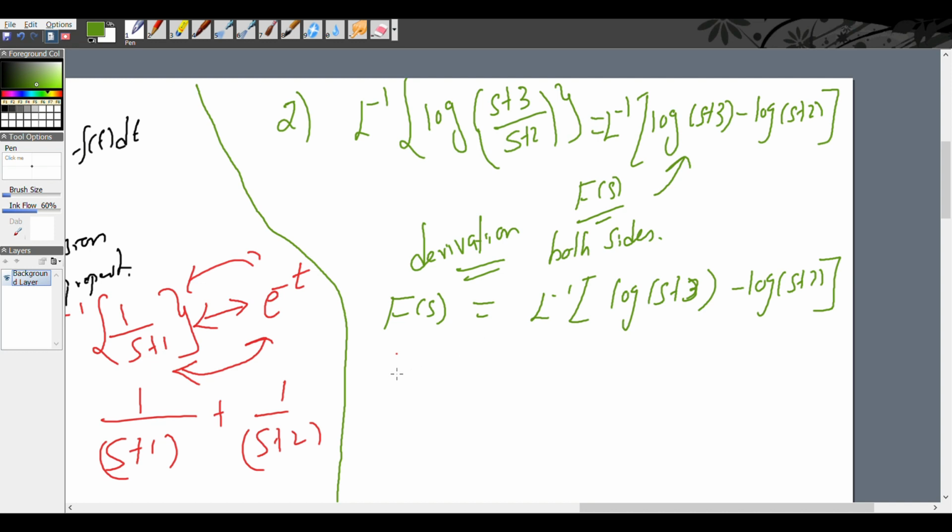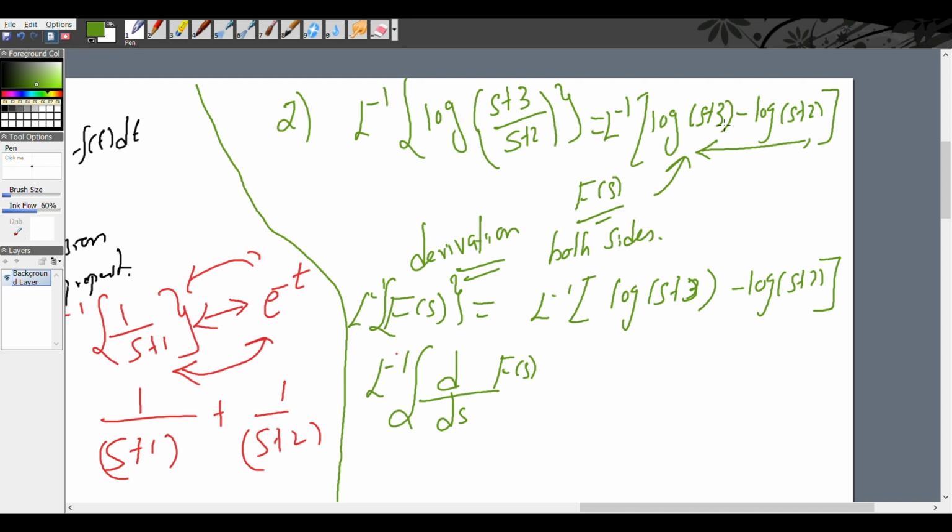So take the derivative on both sides, that is L inverse of d by ds f of s. Why am I taking the derivative on both sides? Because I am uncomfortable with this particular form. I am going to change this into some other form.